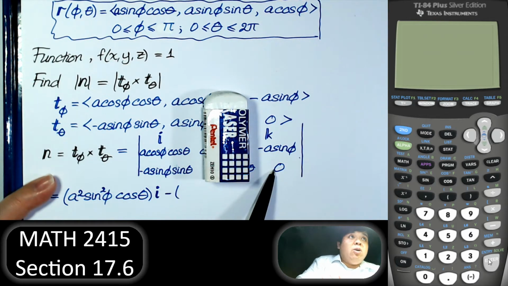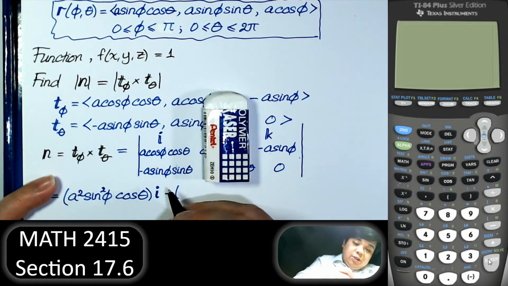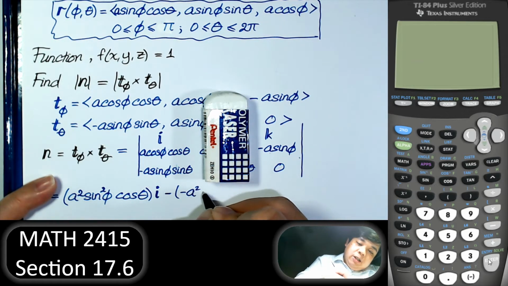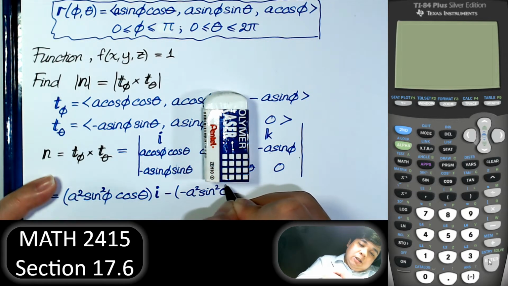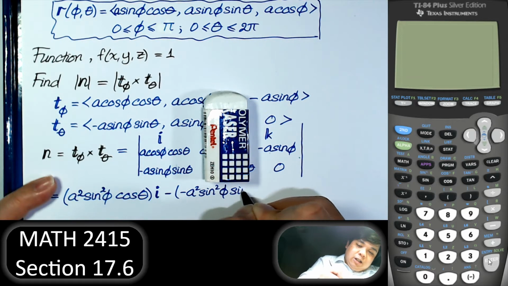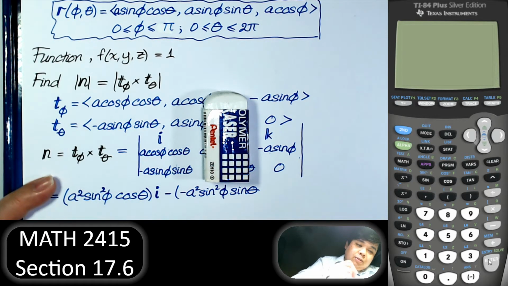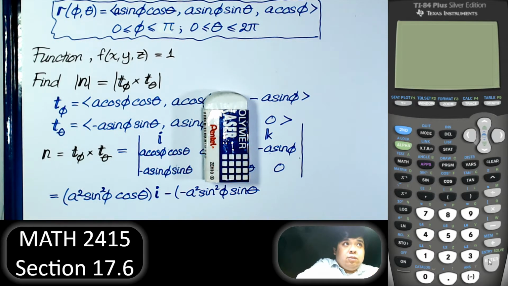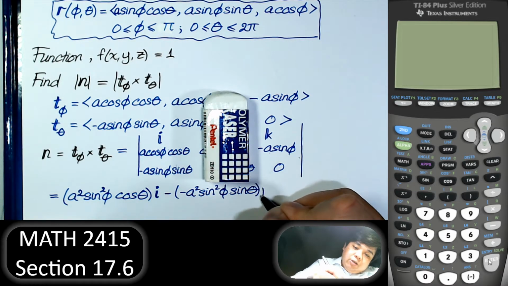That again is 0. And then that times that is negative. So it's negative a square sine square and sine theta. That in the J direction.